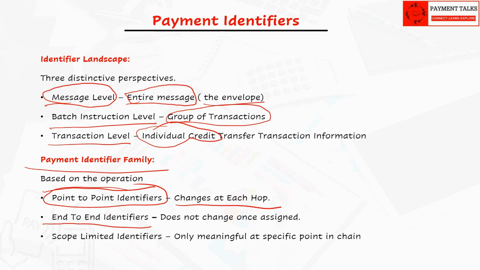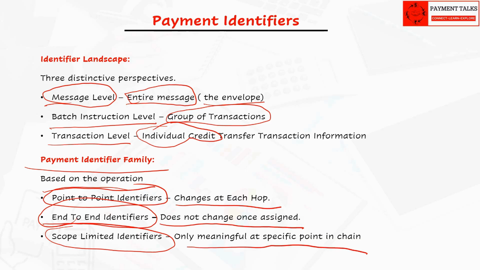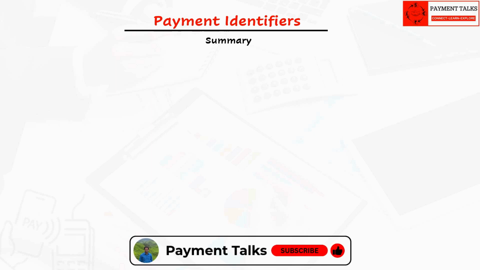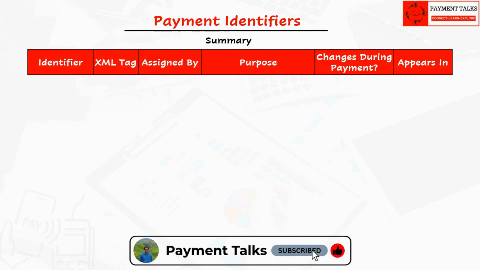Next, end-to-end identifiers, created once and must not change no matter how many banks or systems the payment passes through. Next, scope limited identifiers, only meaningful at a specific point in the payment chain. For example, inside a PAIN.001 file or inside a clearing system. The table summarizes the full family before we go deep into each one. Let us now deep dive into each identifier.